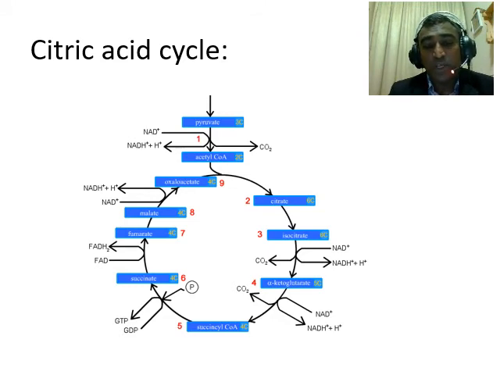The locations are at location 3, location 4, as well as location 8 on the slide there. In terms of yielding FADH2, also at location number 6, you also have one GTP.